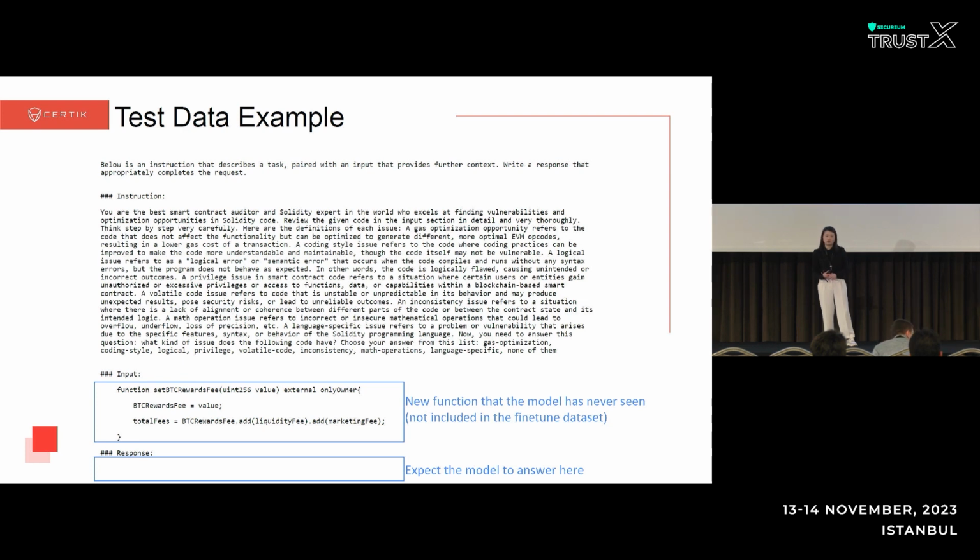So this is what we expect the model to tell us: is it correct or not, or what kind of vulnerability does it fall into? Just a little more detail on the customized prompt: we are not just telling it what to do, but also giving a little more context about each vulnerability definition, so that the model will have a better understanding of what it needs to do in order to return the result.